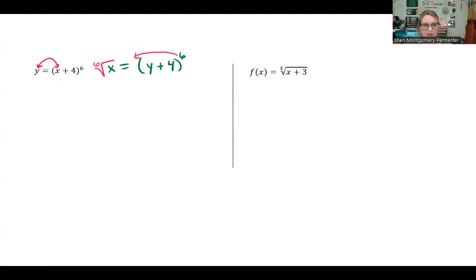So now I will rewrite it. I've got the sixth root of x. I am almost done. What's my last step?